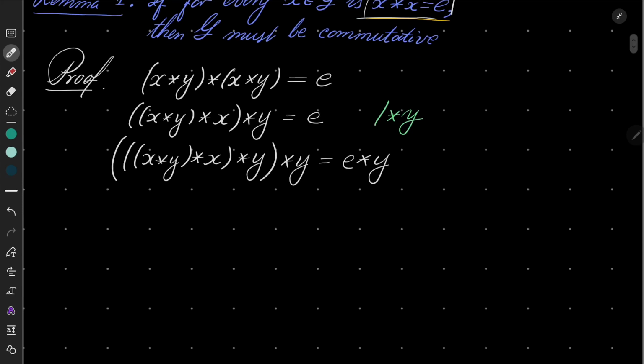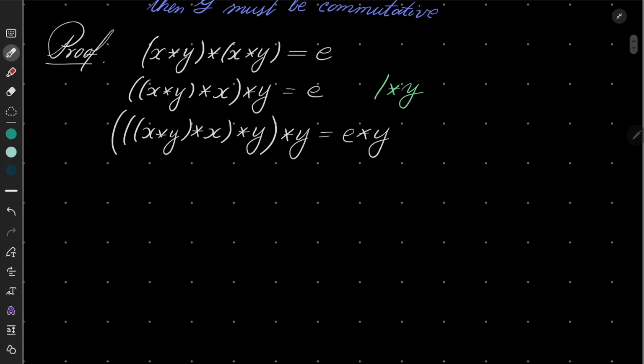Okay, and now let's see what's happening. Well, here I have x star y star x star y, or maybe, sorry, I will put parentheses in a different order. I will put y star y here. And remember that E is the neutral element of our group.